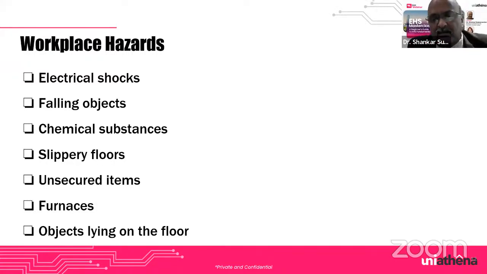Even temperature can be a hazard. In manufacturing, like making steel or aluminum, workers are exposed to very high temperatures, which the body cannot take, and that leads to a lot of hazards and health problems for these workers.